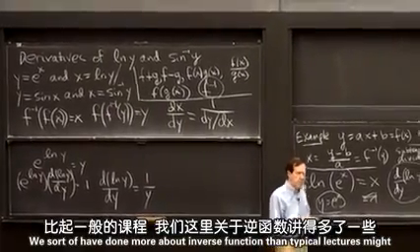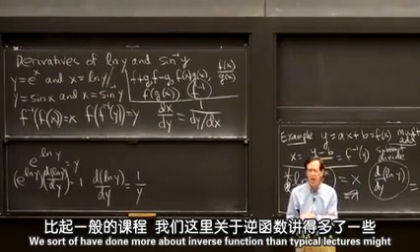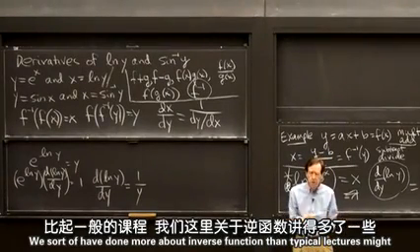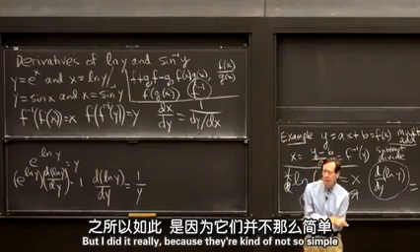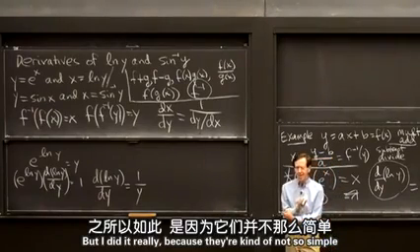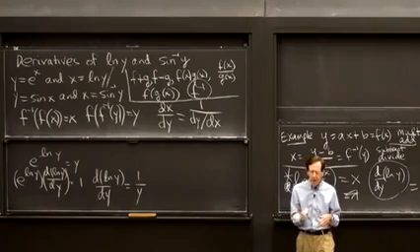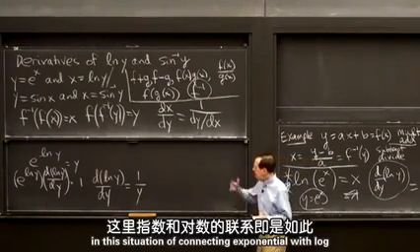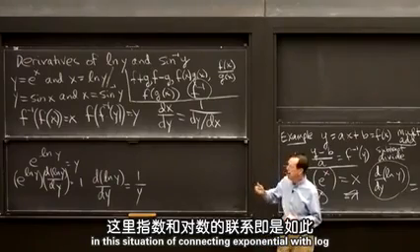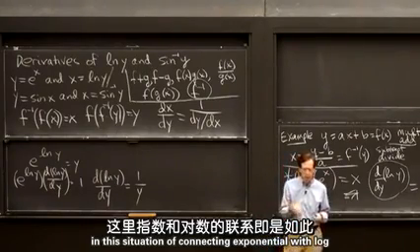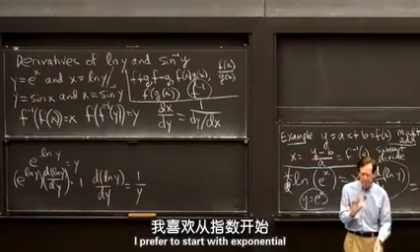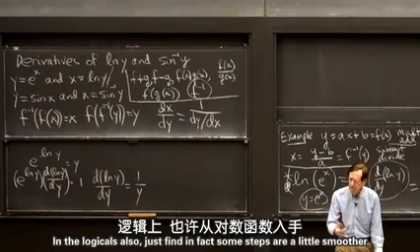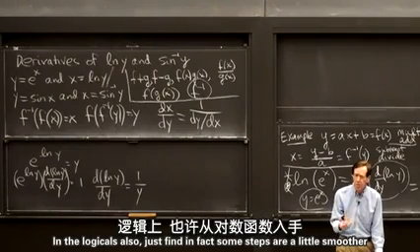Okay, I've done more about inverse functions than typical lectures might. But I did it really because they're kind of not so simple, and yet they're crucially important in this situation of connecting exponential with log. And by the way, I preferred to start with exponential. The logic goes also just fine.